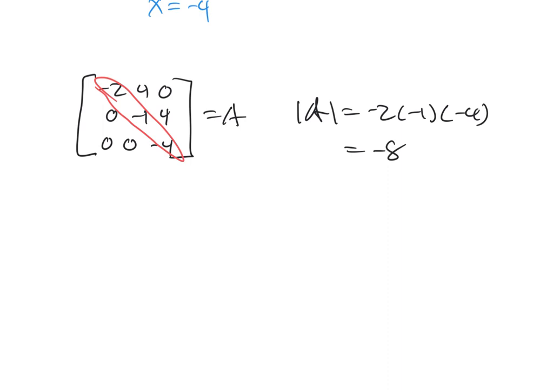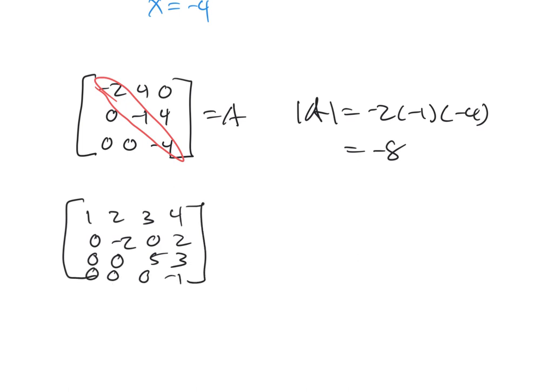If I make the matrix a little bit bigger, so let's say that I have matrix B, which will be 1, 2, 3, 4, 0, -2, 0, 2, 0, 0, 5, 3, and then 0, 0, 0, -1. Again, this is an upper triangular matrix because the numbers above the diagonal are values, but the numbers below are zeros.